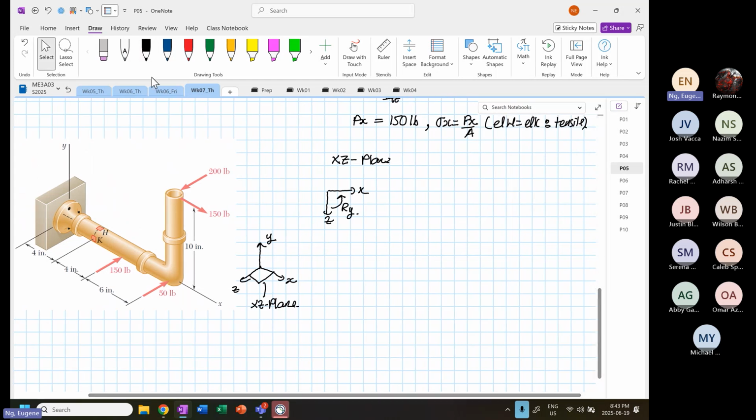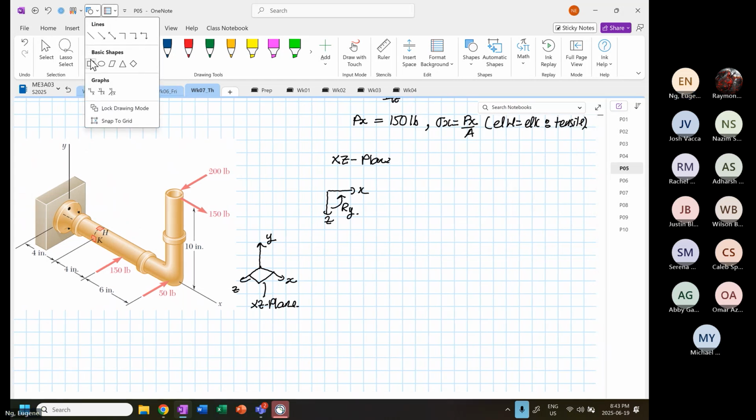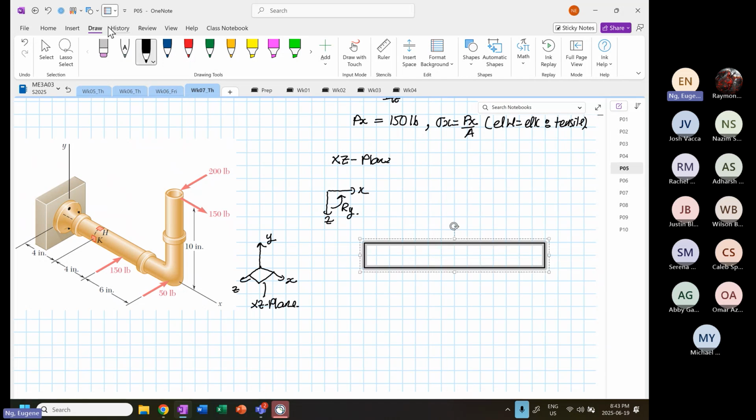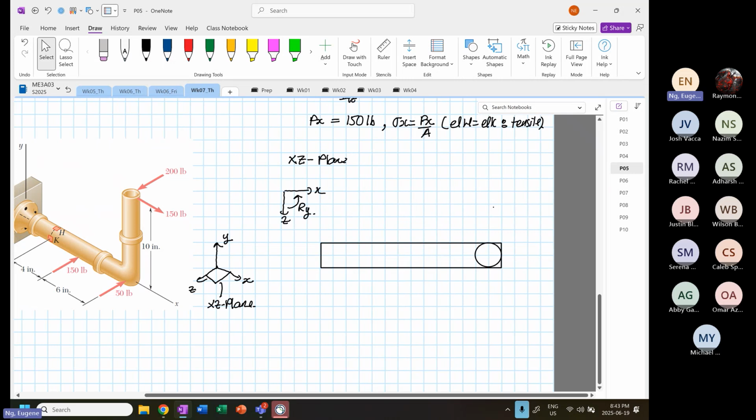Now we are going to look at this. This is the view that we have now. So 4, 6, 2, 4, 6. And then we have a dot down here. We're going to have a circle. Again, this is just a sketch, pardon me. So you know what we're looking at now.